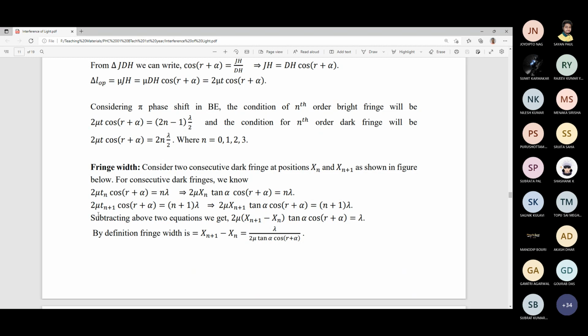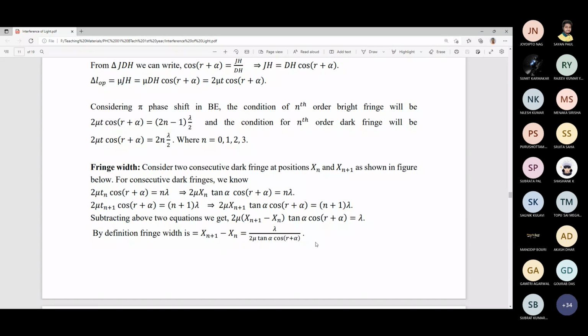And for the next minima, twice mu T(n plus 1) cos(r plus alpha) equals (n plus 1) lambda, that is x(n plus 1) tan alpha, (n plus 1) lambda. Now we take the difference between these two equations. Then we get twice mu (x(n plus 1) minus xn) tan alpha cos(r plus alpha) equal to lambda. Then according to the definition of fringe width, x(n plus 1) minus xn is equal to lambda divided by twice mu tan alpha cos(r plus alpha), right?